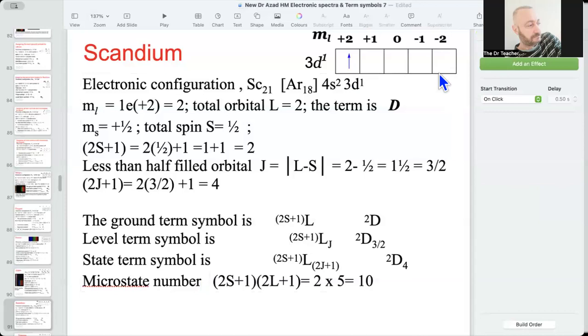So 5 and 5 will be 10. So 10 times I can organize or locate this electron in these 5 suborbitals. This is the microstates number, the probability of this electron to be in one of these orbitals, in which position, clockwise and anti-clockwise.